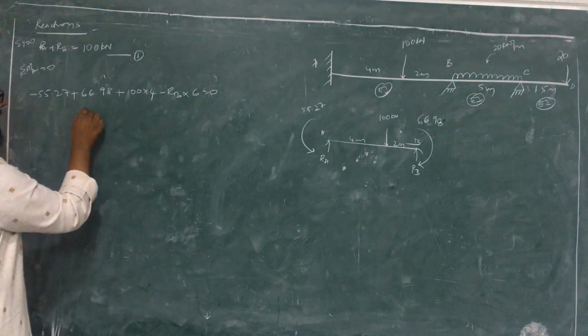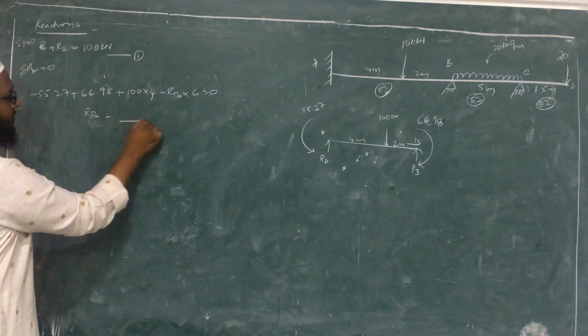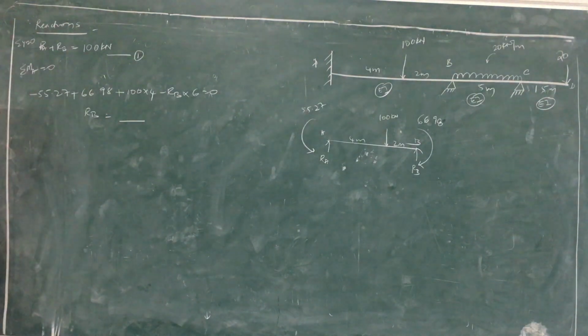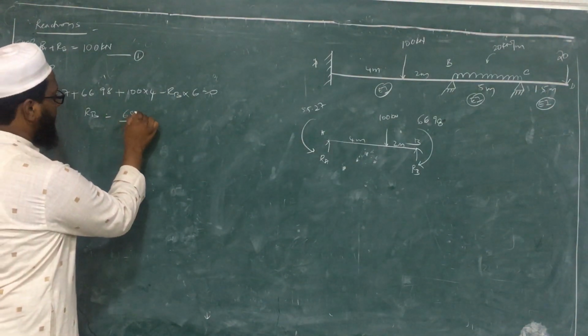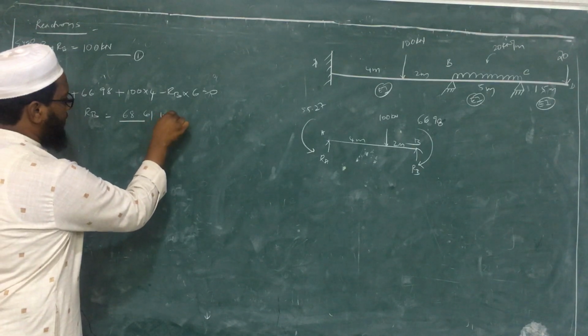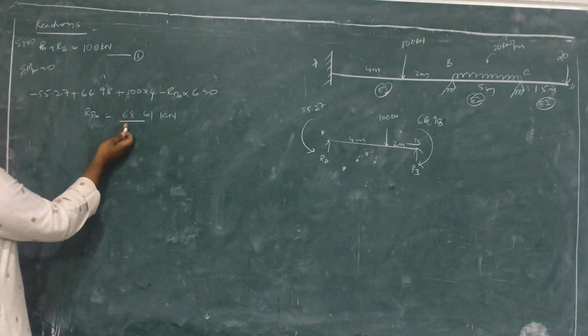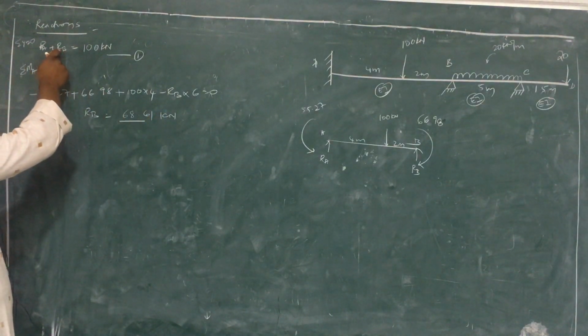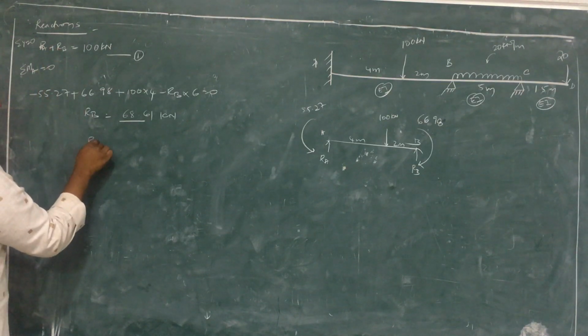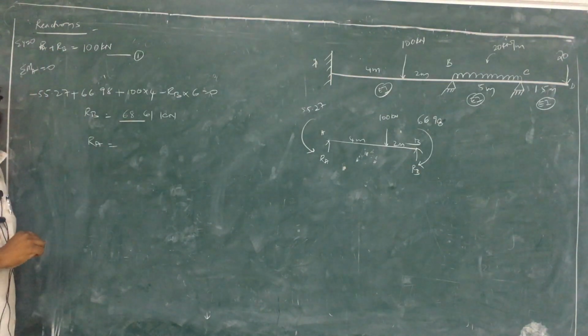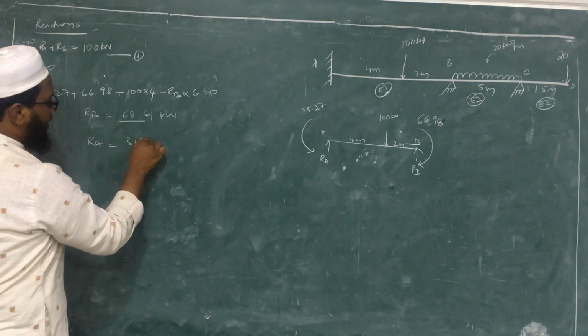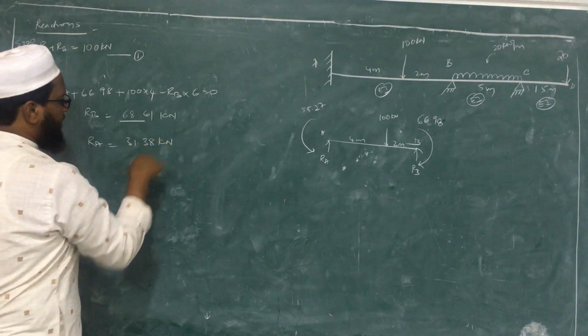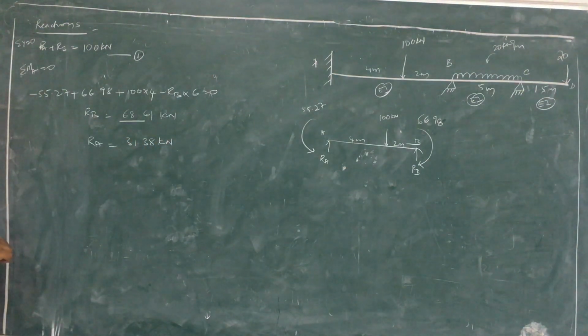If you solve this, you will get the value of RB. What is that? 68.61 kilonewton. Now with the help of this RB, we can calculate RA. What is the value of RA now? 31.38 kilonewton.